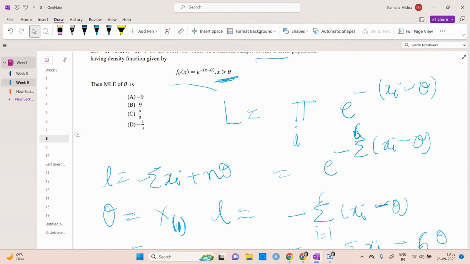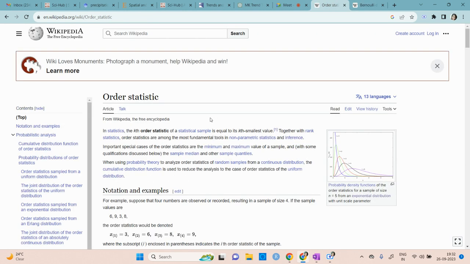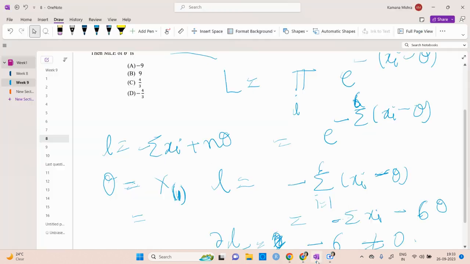Because if we take anything greater than this, then summation xi may be less than that value, right? So at this point of time, we say x1 will be the order statistics, which I have told you earlier in the time of telling you order statistics. So x1 is the minimum of these order statistics.